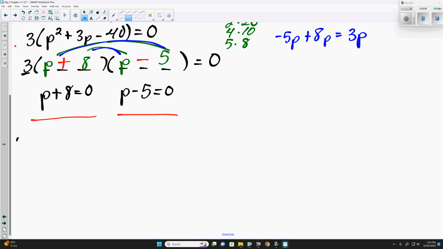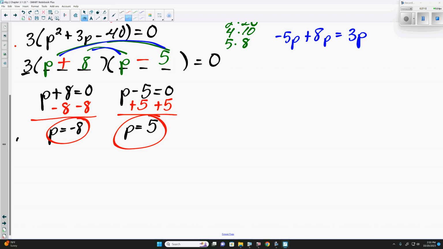Now for the first one, we would subtract 8 from both sides, telling us p is negative 8. The other one, we would add 5, telling us p is equal to 5. And that's it.